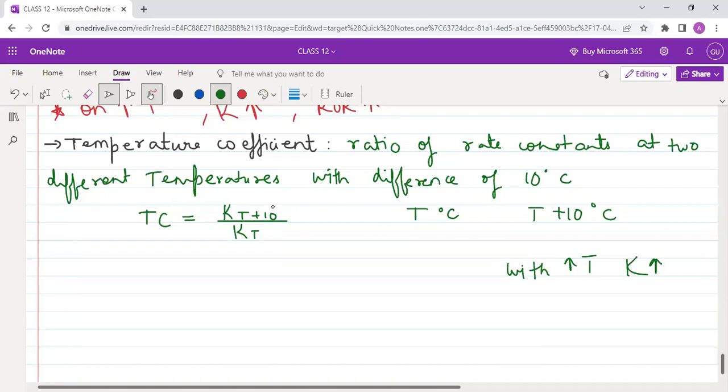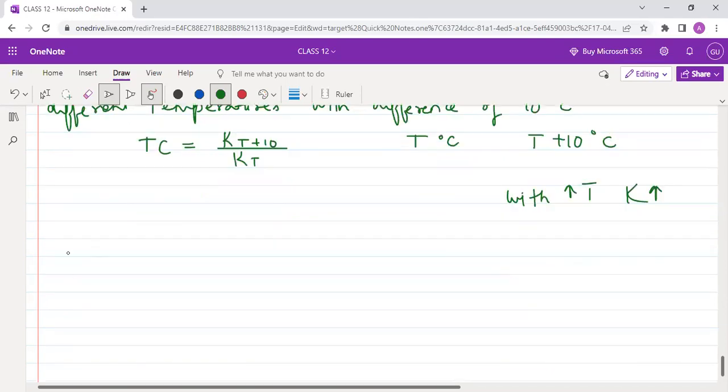Now we'll derive a relationship between rate constants at two different temperatures. Suppose at T1 temperature the rate constant is K1, and at T2 temperature the rate constant is K2, and we are talking about a reaction.